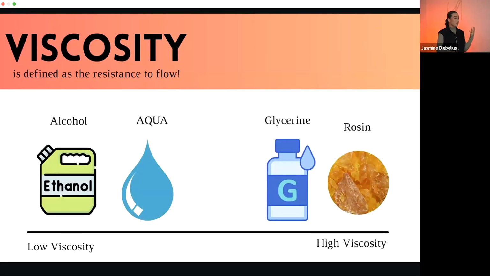So if we relate that back to our carrier agents that we have in our permanent makeup inks, low viscosity would be alcohol and aqua, so water. Alcohol and aqua and water are very watery, very liquid-like. So if you have a pigment that has a lot of alcohol and aqua, your pigment is going to be extremely thin and it's going to jump in the skin extremely easy.